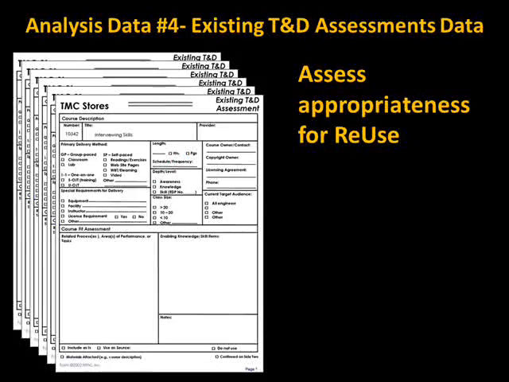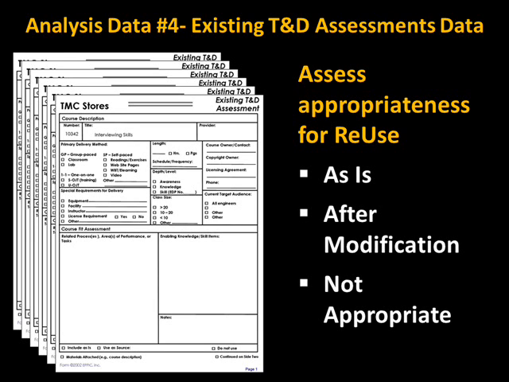That fourth type of analysis data is the existing training and development assessment data. Once we understand, ideally, what performance we need to have done by the performers, the learners, and what gaps and causes of gaps they need to wrestle with and learn to anticipate and avoid, or if unavoidable, deal with, and what the enabling knowledge and skills are that enable one to perform, we can do a better job of assessing the existing content, whether that's instructional content or informational content, as to whether or not we can reuse it.